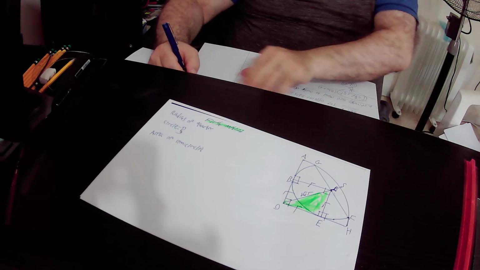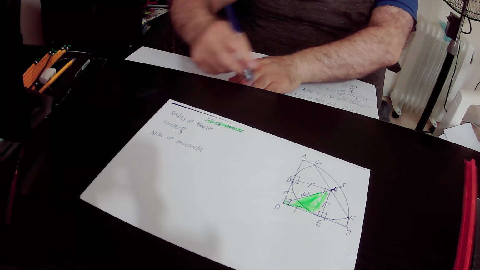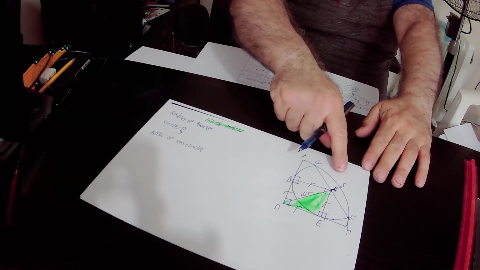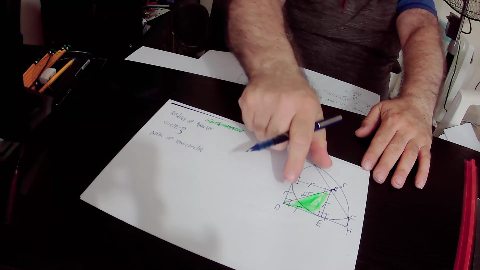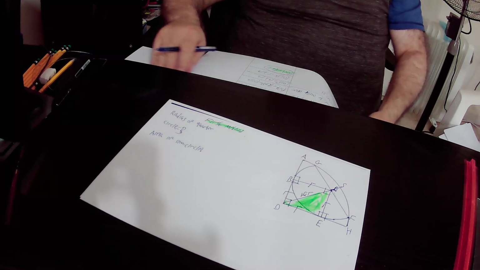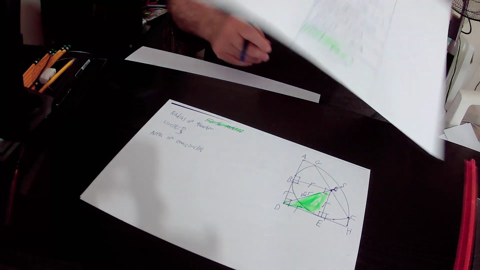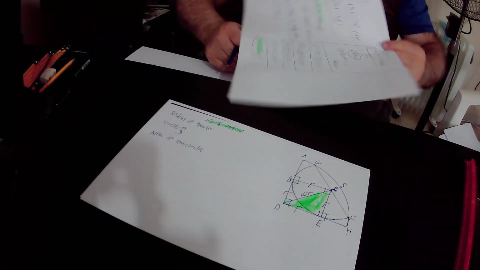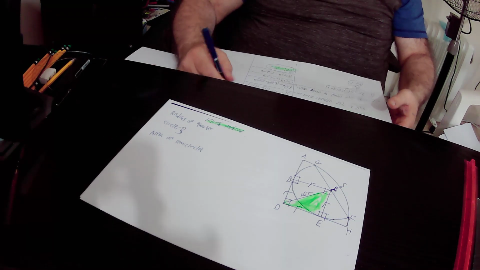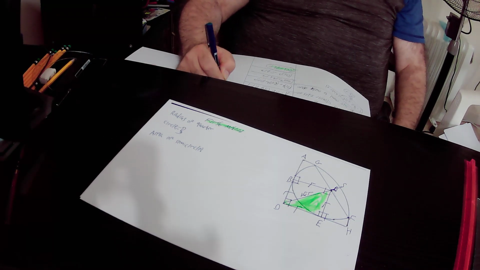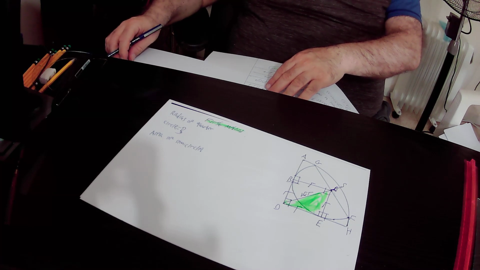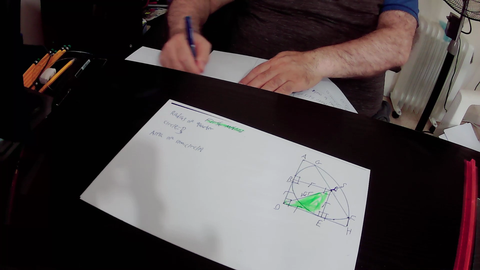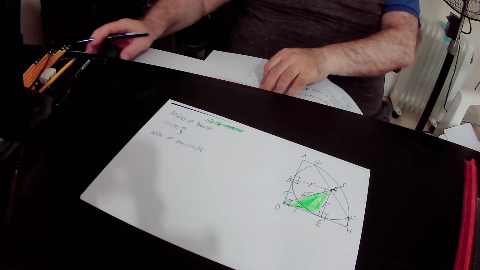I'll repeat again. The length of the small line segment SC is equal to SO minus CO. Okay? SC equals SO minus CO. What is the length of line segment SO?